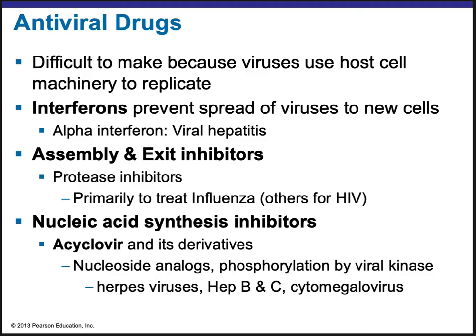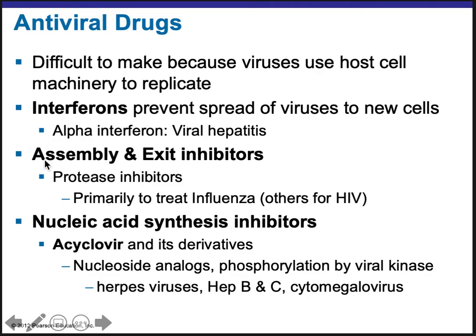We have a vaccine for Hep A and Hep B. We do not have a vaccine for hepatitis C. Furthermore, not everyone gets vaccinated, or they don't get all of the booster vaccinations, so they can still get hepatitis if they don't complete their full series of vaccinations. So that's one way to fight viral infection, with interferons.